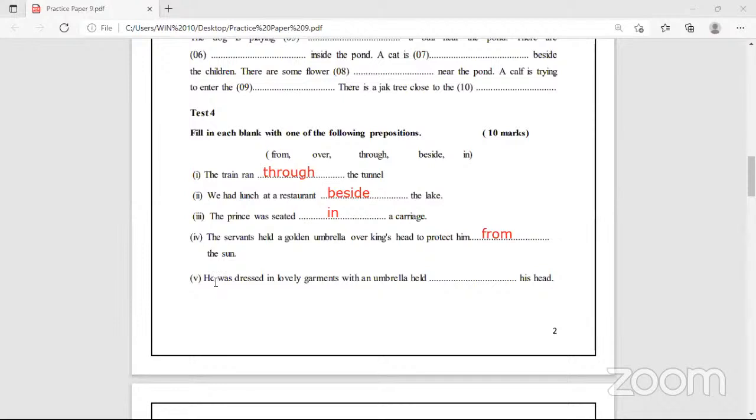Last one, he was dressed in lovely garments with an umbrella held over his head. Over his head. Right, mark your answers for the fourth question. We were talking about prepositions.